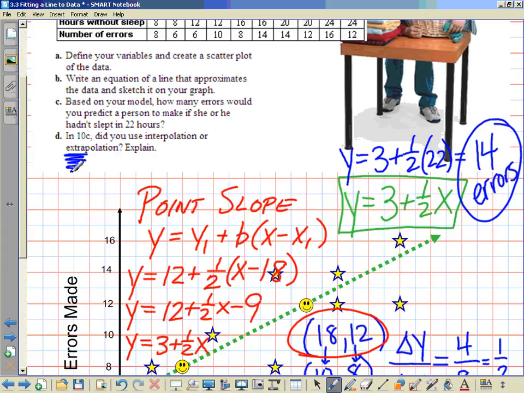We used our data to predict beyond. That's extrapolation. Interpolation, inter, means that we were using the data to predict a value that's within our data points. Our data points went out to 24, and 22 was within that range. So interpolation is the answer for D.